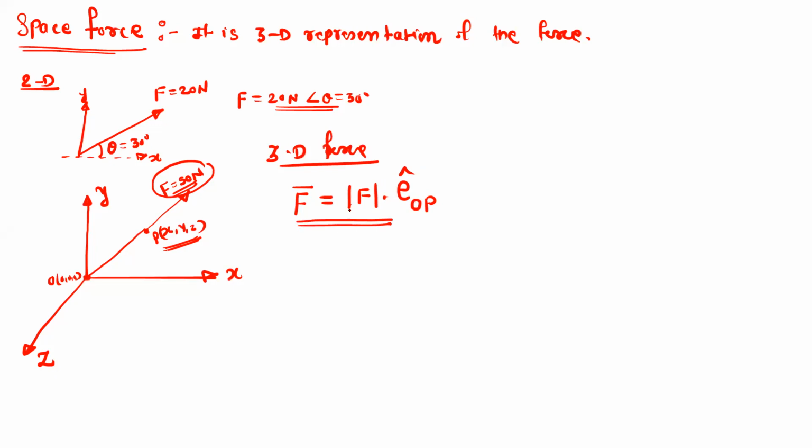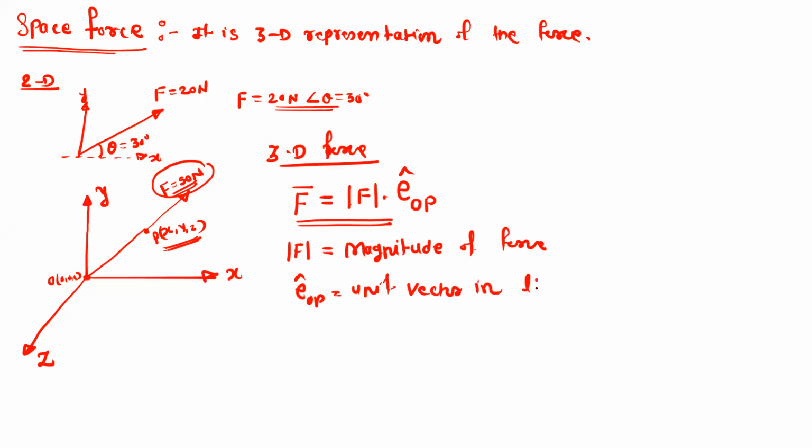Okay. So how to write this vector E cap, which is the unit vector in the direction of the force? So mod F, this is the magnitude of the force, and this E cap is the unit vector in the direction of the force.